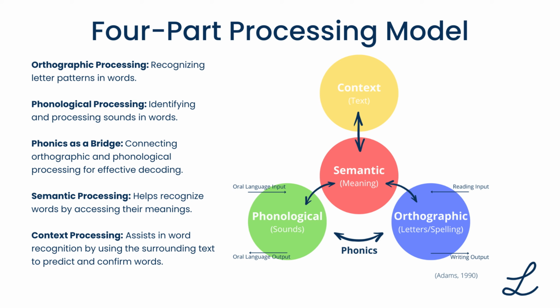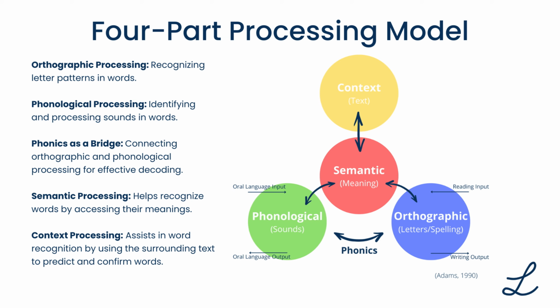Phonics acts as a bridge between orthographic and phonological processing. By explicitly teaching letter-sound relationships, we help students form connections that allow them to effectively decode unfamiliar words. Semantic processing helps students recognize words by linking them to their meaning in and out of context.